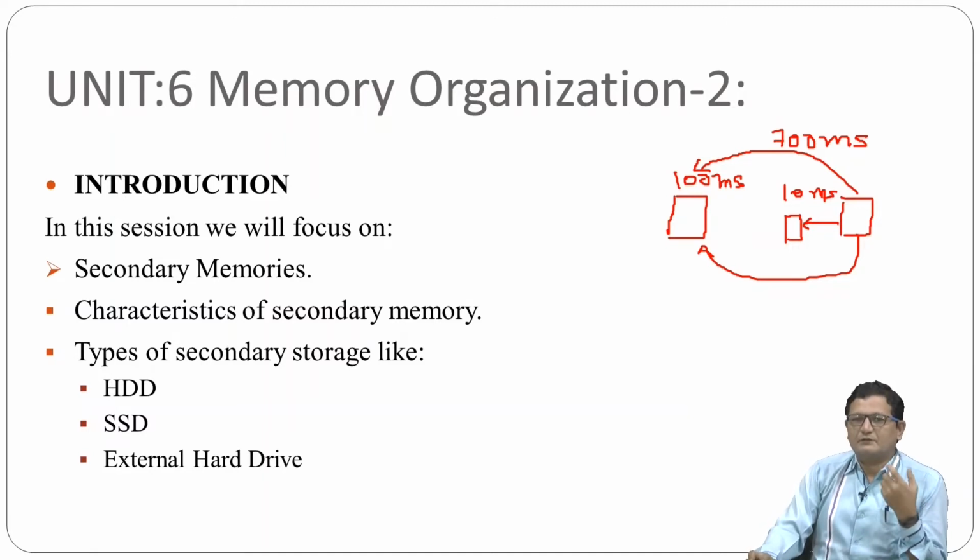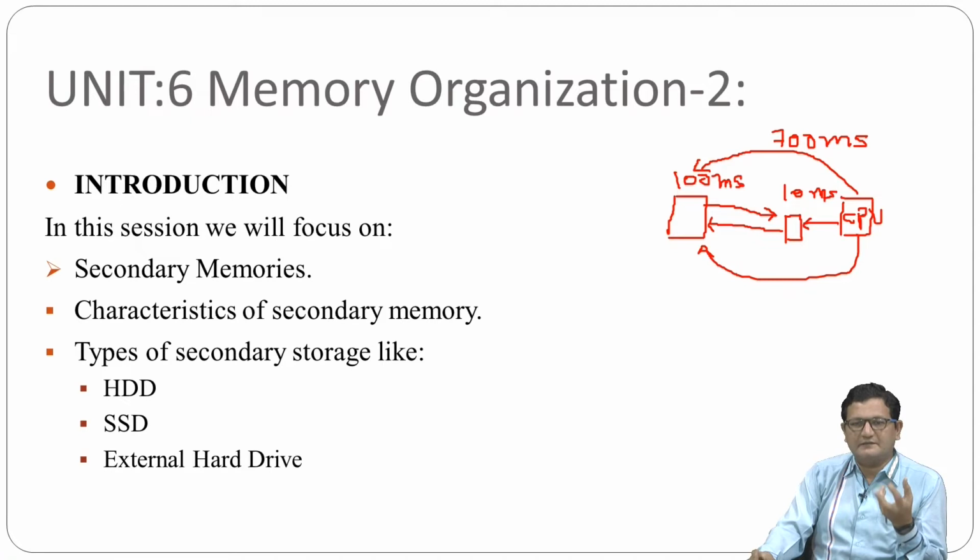Now just think, suppose we are placing a cache memory. When you are opening a program for the first time, this is your CPU, and the CPU will check the cache memory. If the program is not available in the cache memory, the CPU will go to the main memory, and the program in the main memory will be loaded into the cache memory, right?